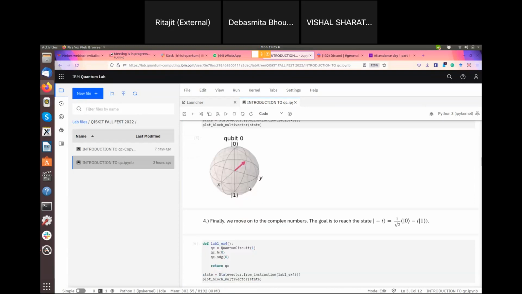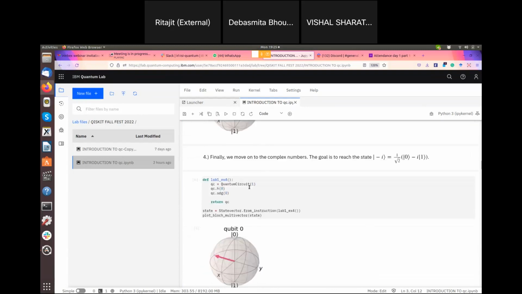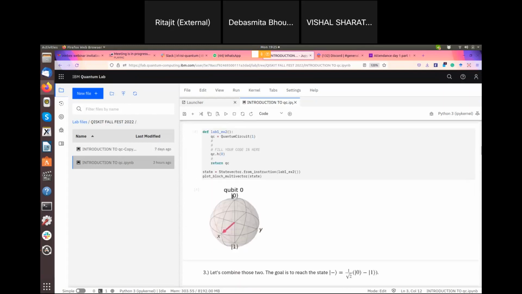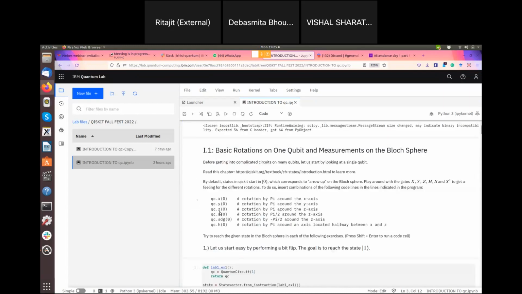Finally, we can move to the complex numbers, because qubits deal with complex numbers. So let's see one example where we are dealing with complex numbers. We want to make the state minus i. After plus state, minus state, we are now dealing with the minus i state, which is 1 by root 2, 0 minus i 1. For this, we need the SDG gate. Now, what is SDG? It is S dagger. The S gate is basically rotating by pi by 2 around the Z axis.